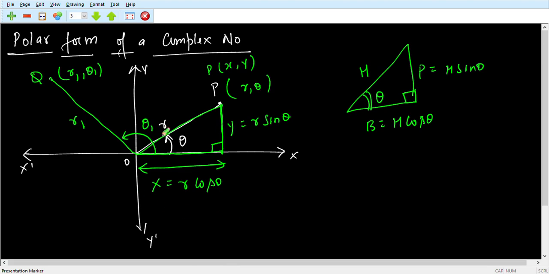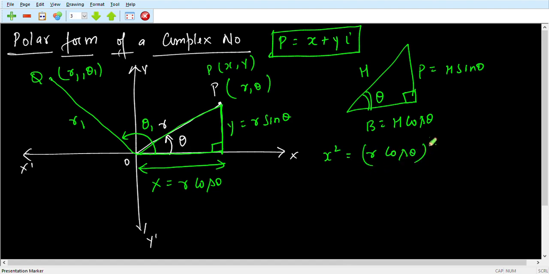If I want to get the value of r, let us suppose I have a complex number P equal to x plus y iota. Then P can be represented in the complex plane as P (x, y). To obtain r, I should write x square, that is r cos theta whole square, and y square, that is r sin theta whole square.